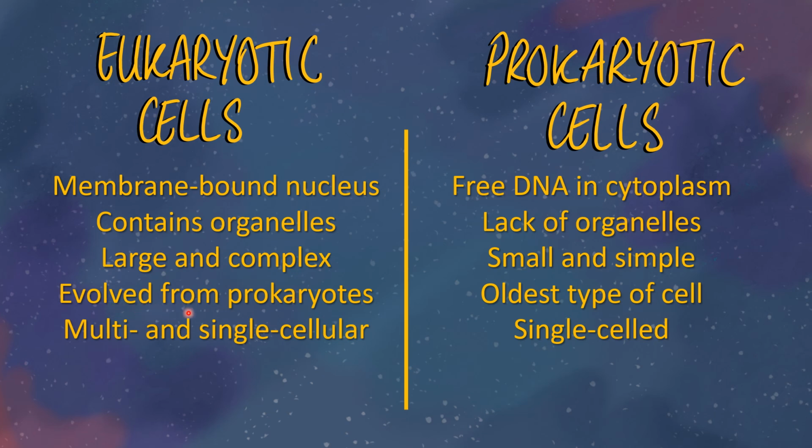Eukaryotic cells are evolved from prokaryotic cells, so they came after prokaryotic cells. And prokaryotic cells are the oldest type of cell. Okay, and eukaryotic cells can be multi or single cellular, and prokaryotic cells are only single-celled organisms. So just make sure you've got a list like this one on here, and I will continue in 5 seconds.